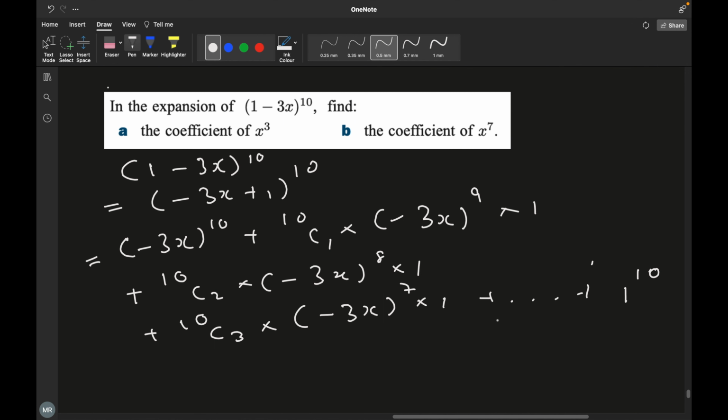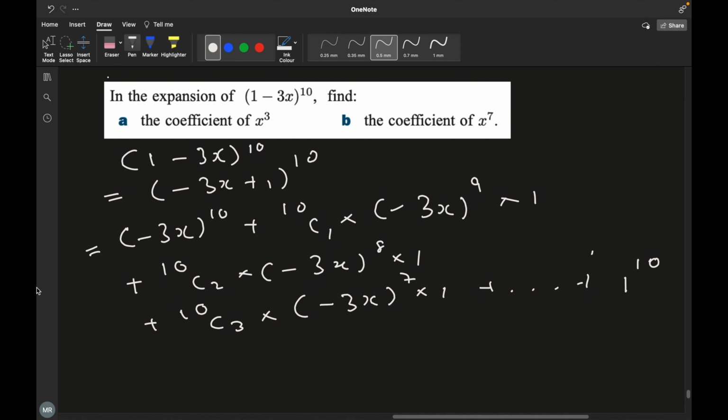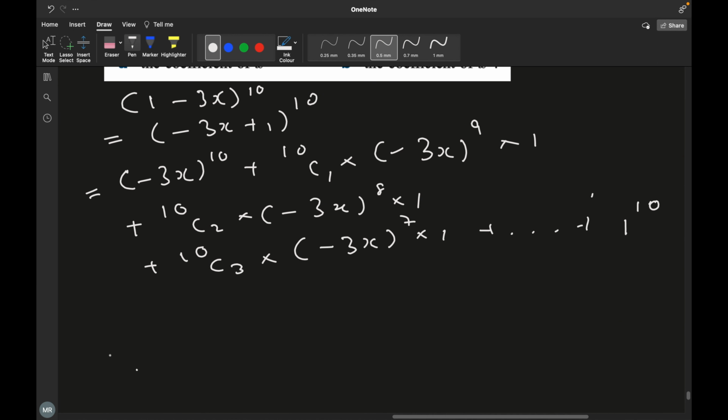The reason I did this is because if I want to find the coefficient of x to the power of 7, if I just wrote this like this, I would have to go through 8 terms in order to find the x to the power of 7 term. But doing this method, I found it in 1, 2, 3, 4, in 4 tries. And therefore, I use this.